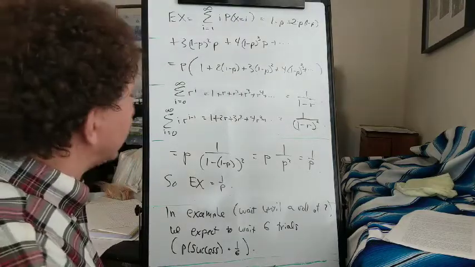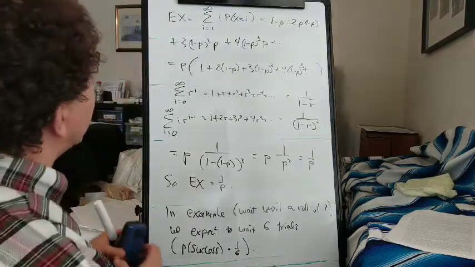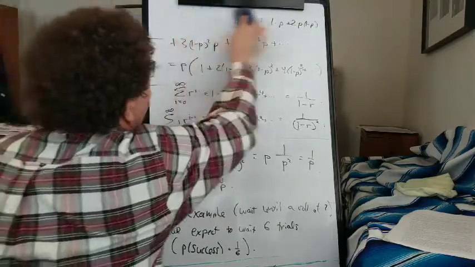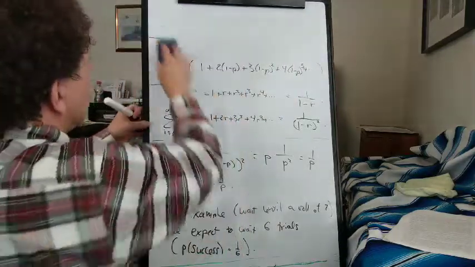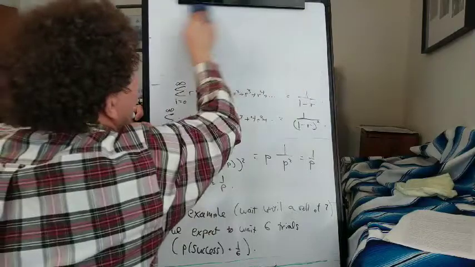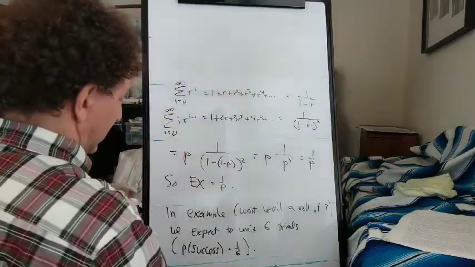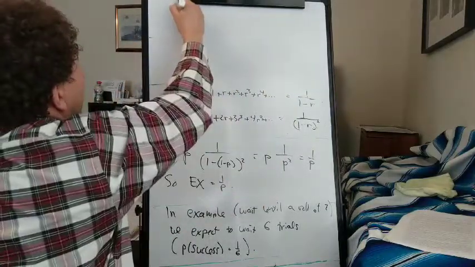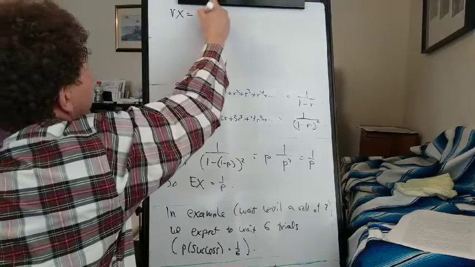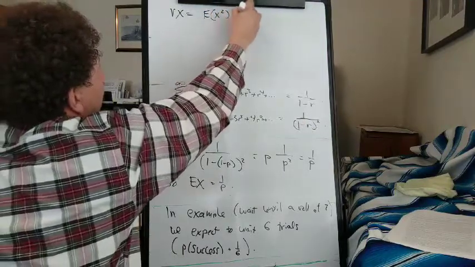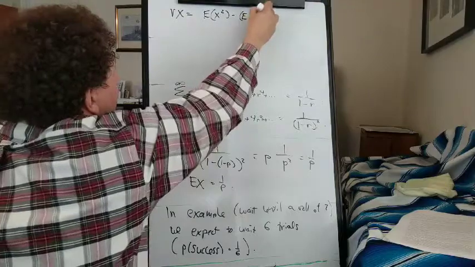All right, now let's compute the variance. Variance of x is expected value of x squared minus expected value of x, the quantity squared.